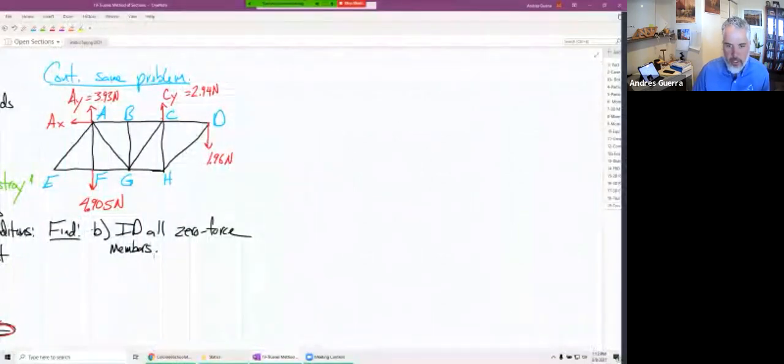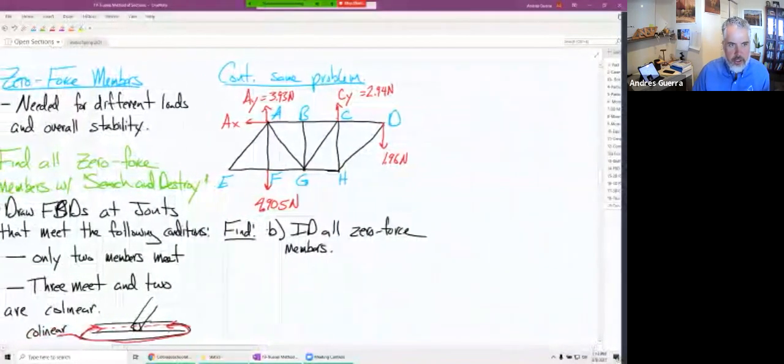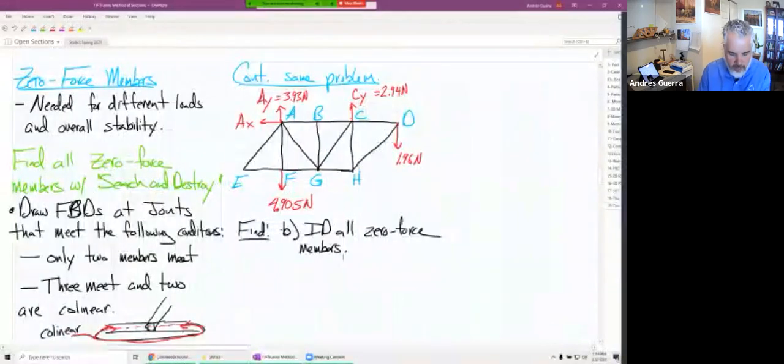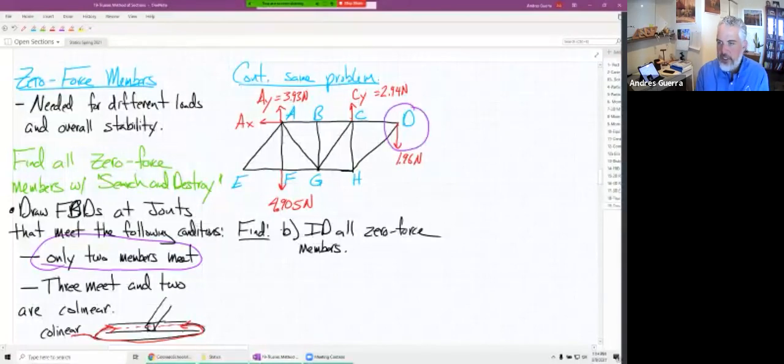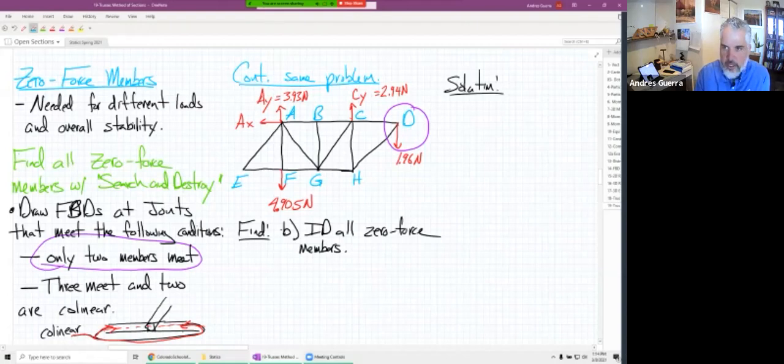Let me scroll back just a little bit so we can see our search and destroy. We have two criteria, only two things we need to look for. We have only two members meet. Well, where do only two members meet? They meet at D, right? Last time we had already looked at D. So for our solution, let's look under only two meet.